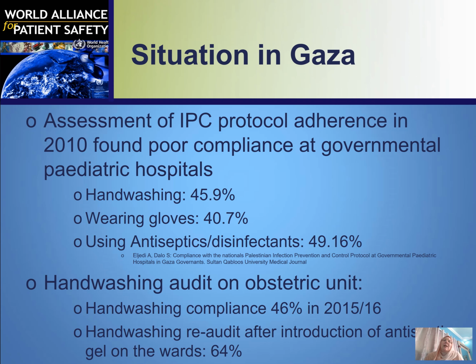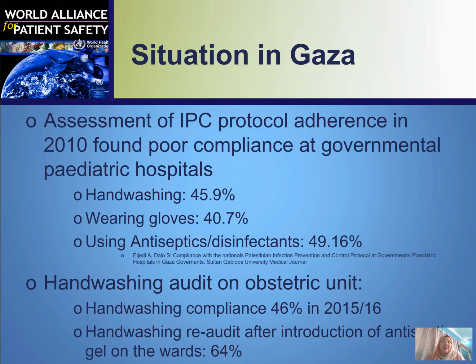And at the time, doctors who saw patients and wanted to wash their hands had to go into patients' bathrooms to do so, because there was no disinfectant available to quickly wash their hands between seeing patients.